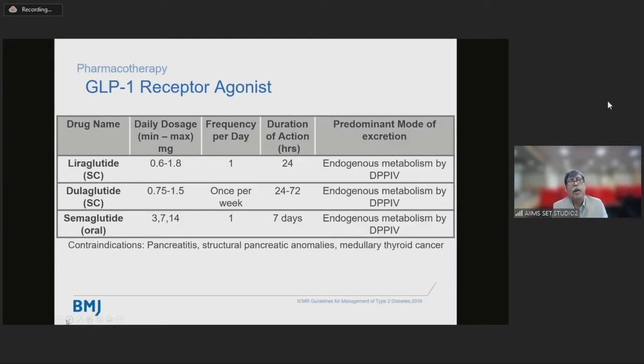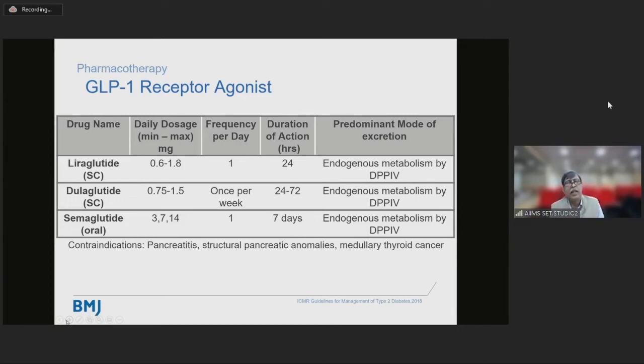The GLP-1 receptor agonists available in India at the moment as injectables are, well, it's actually exenatide, which is twice daily. There's a weekly exenatide equivalent, which is dulaglutide, liraglutide once a day, and now semaglutide, which is available abroad as an injectable preparation, is available as an oral preparation in India.